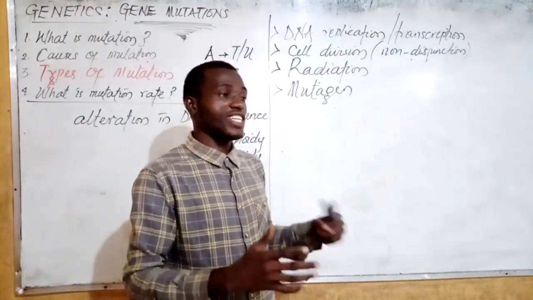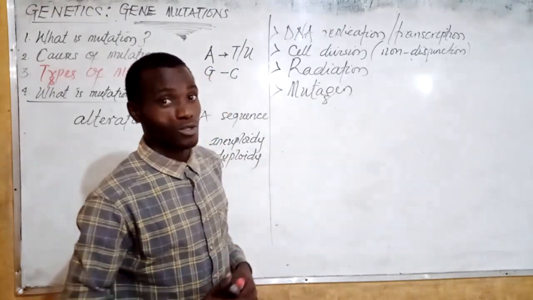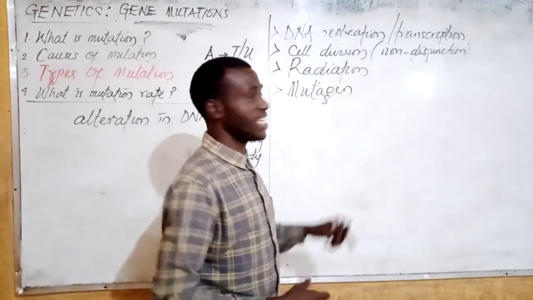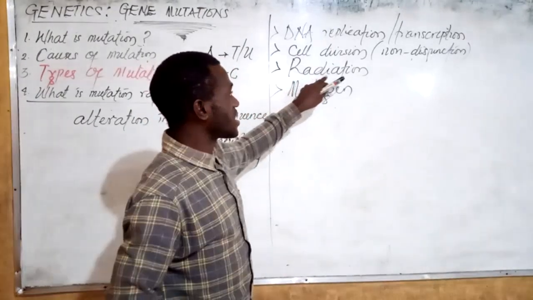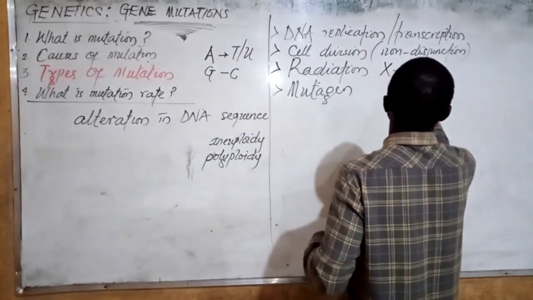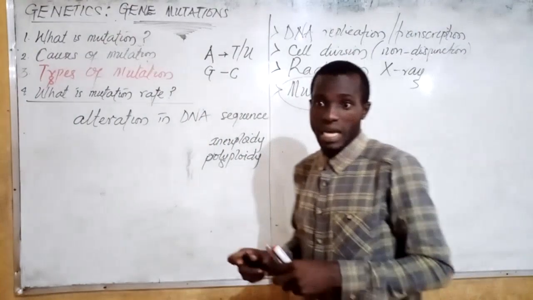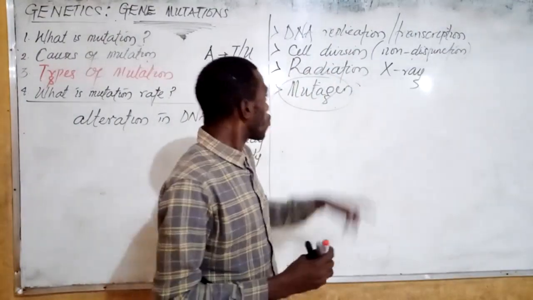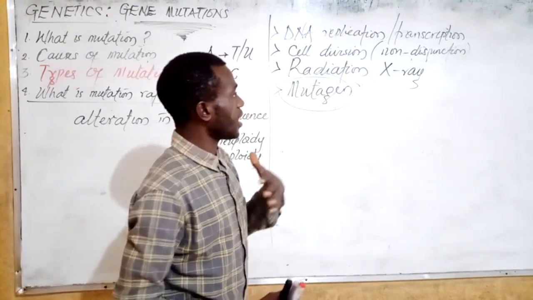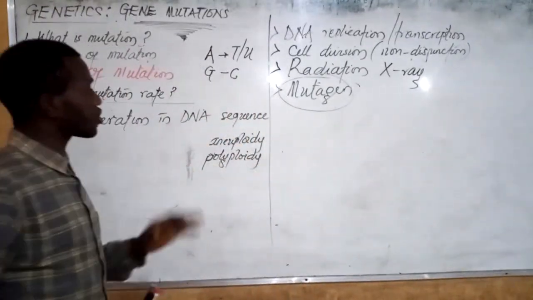She didn't know about the danger she was exposing her cells to. So her cells became malignant, cancerous, and then she died. So being exposed to radiation such as X-rays could lead to mutation. Being exposed to some chemicals as well, some carcinogenic chemicals, for example, could lead to mutation of the DNA sequence. So those are the causes of mutation.